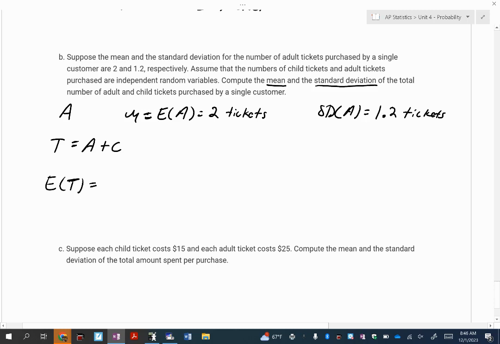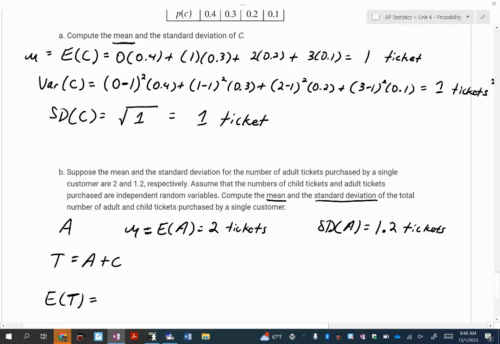What do I do to find the expected number of tickets total purchased by a single customer? We did this yesterday in the Kahoot. You add what? You're right, Julia. What do I add? You're thinking too hard.